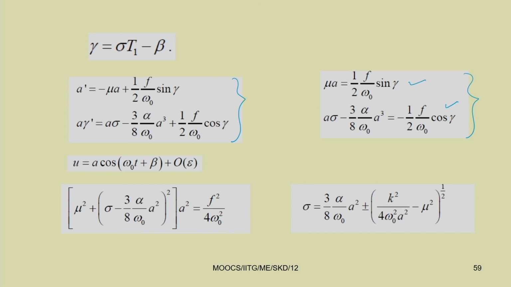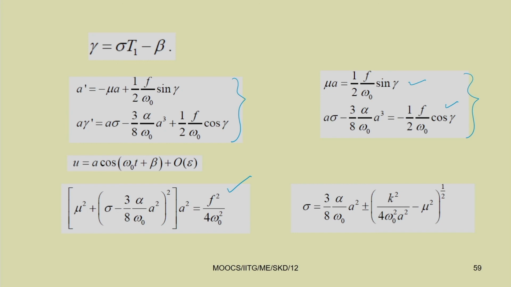So the gamma term will not appear in the equation and we can get a closed form equation, that is mu squared plus (sigma minus 3 by 8 alpha by omega 0 a squared) whole squared, times a squared, equal to f squared by 4 omega 0 squared.